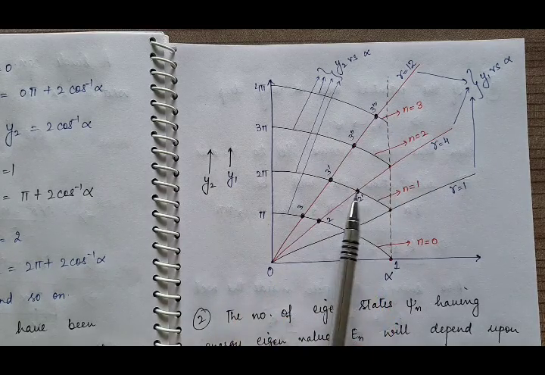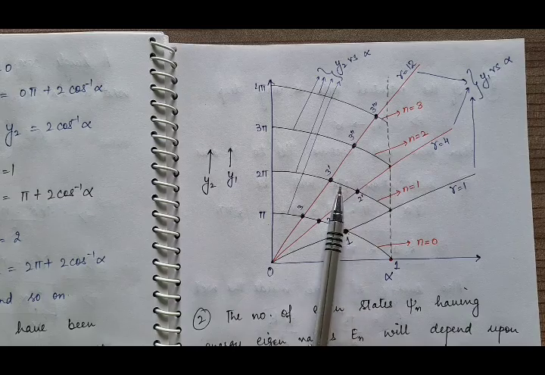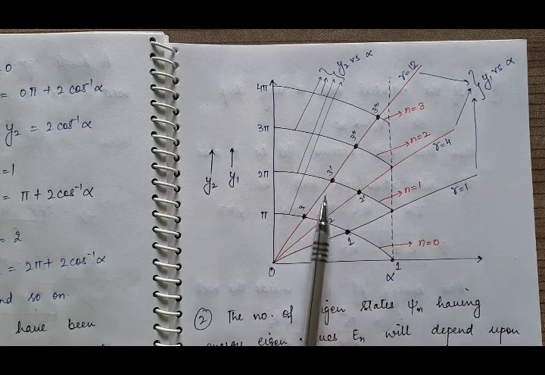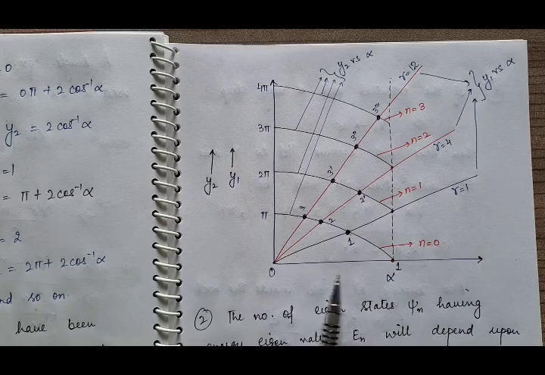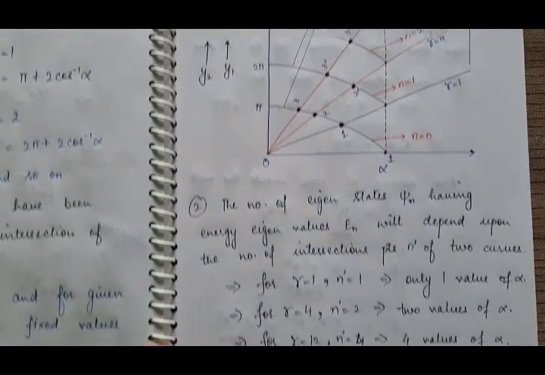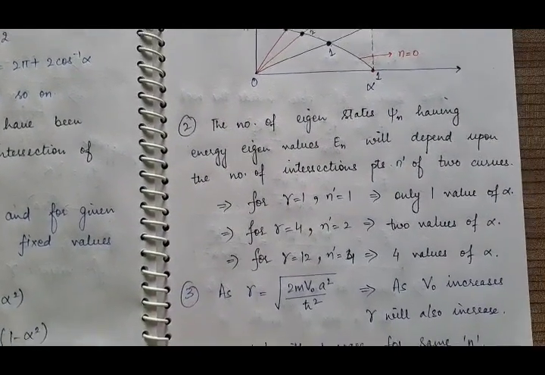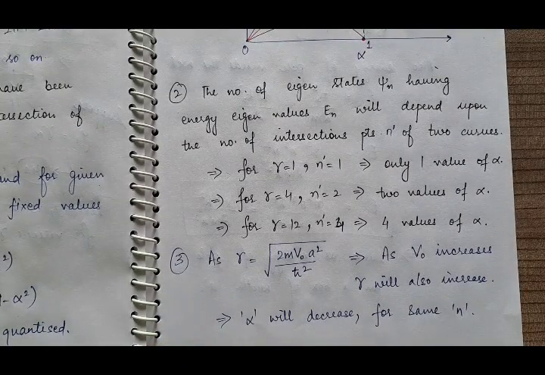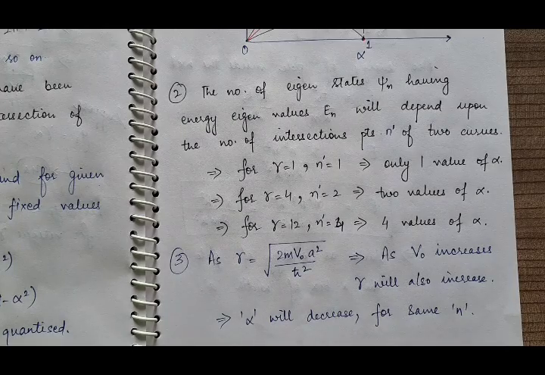It means this value of alpha will decrease, means the point of intersection will move to this side, and the corresponding value of alpha will decrease. So when we will increase V naught, it will increase gamma, and with increase in gamma, the slope of y1 versus alpha plot will increase, which will move this intersection points to the left side, and the intersection point gives us the value of alpha, so value of alpha will decrease for the same value of n.